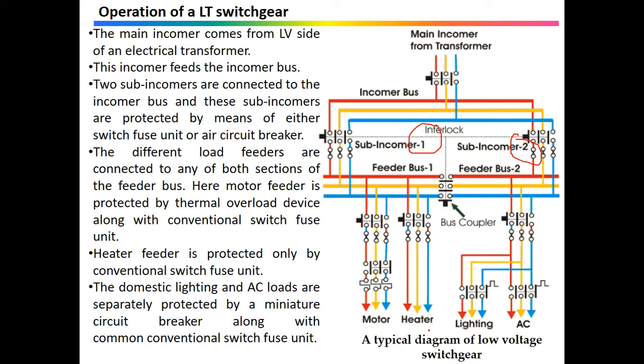So on the basis of the operation of these loads, we have to use the feeder. We have to decide on the basis of the load what should be connected to the feeder.